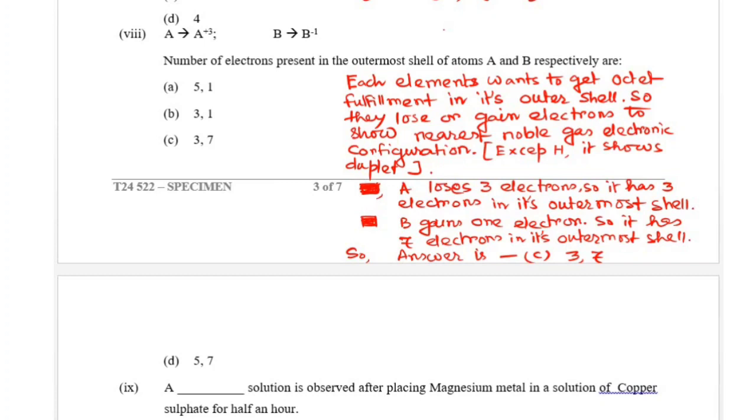Here A releases 3 electrons to form a tripositive ion and B gains 1 electron. So A has 3 electrons in its outermost shell, and B gains 1 electron, so it has 7 electrons in its outermost shell. So the right answer is option C, 3, 7. Okay. Let us move to the next question.